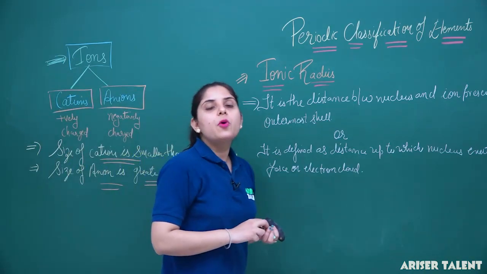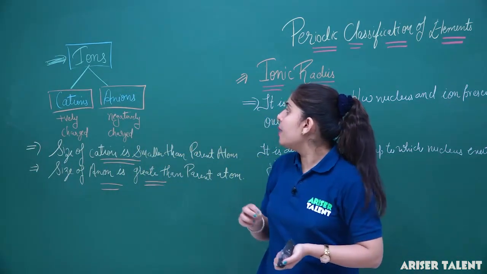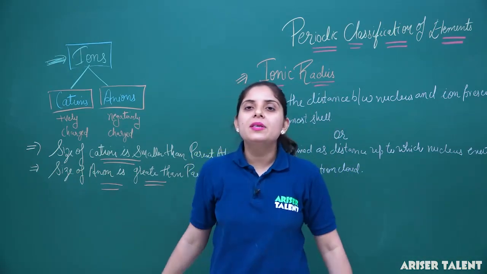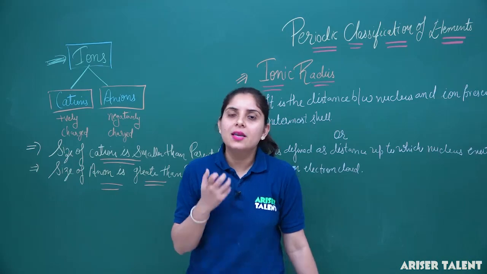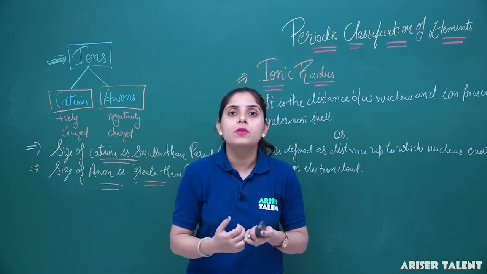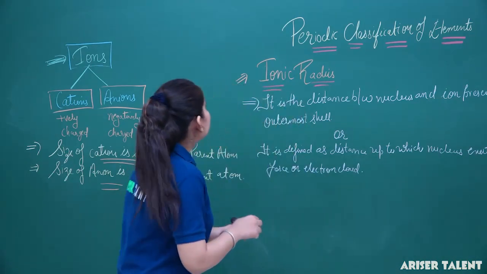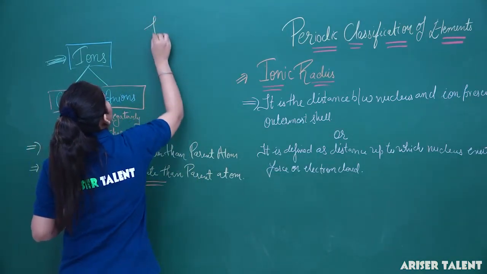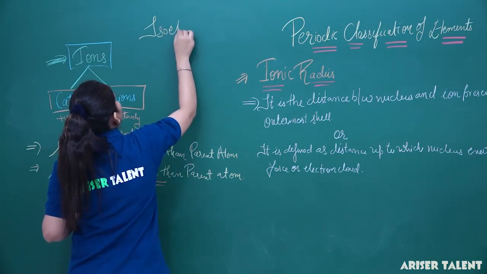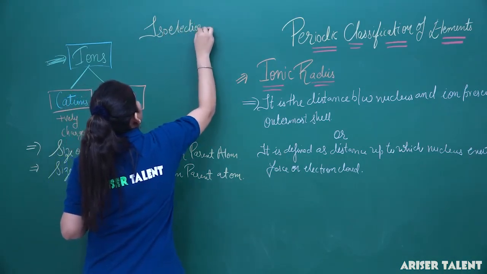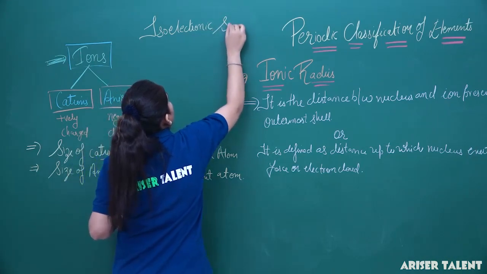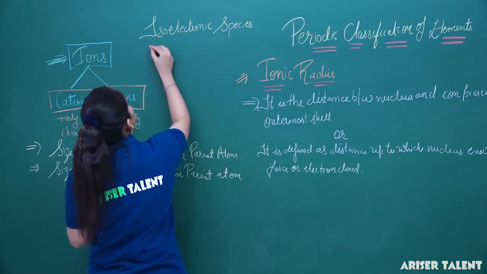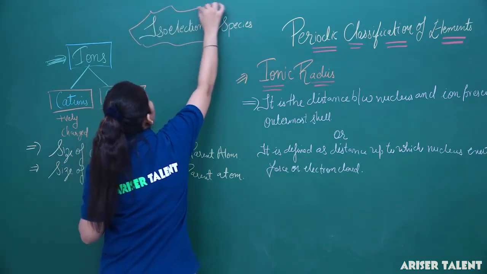Now the next point that we can conclude from here is about isoelectronic species. The word iso means same and electronic means electrons, so they have the same number of electrons but different values of nuclear charge. So let's move to our next category. We are going to discuss isoelectronic species. What are these isoelectronic species?